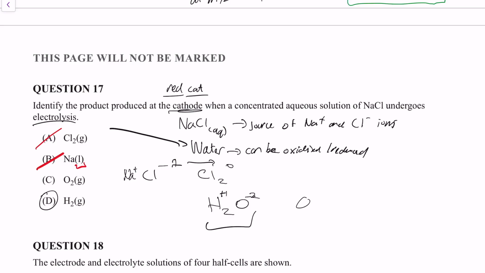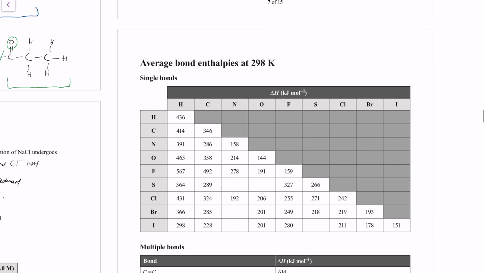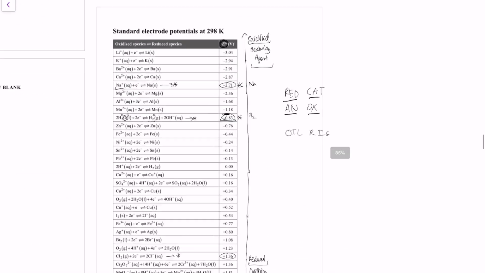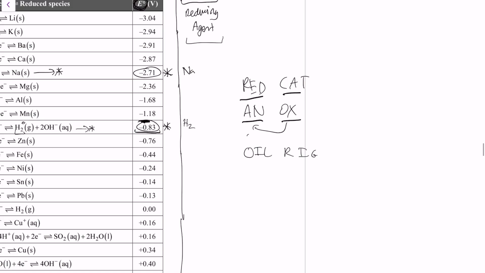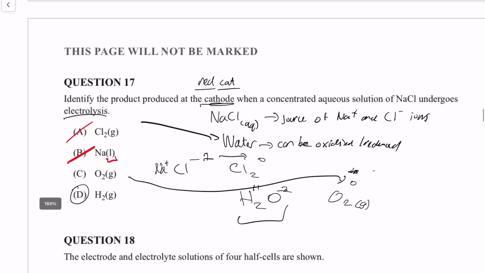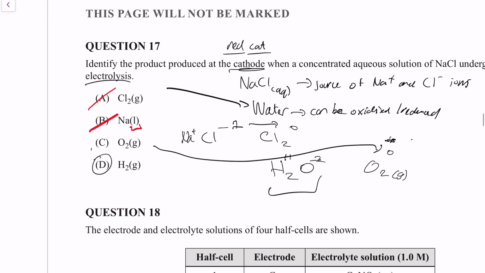But an O2 gas has an oxidation number of 0, so that gets oxidized, okay? And oxidation, we know from the mnemonic red cat and an ox, occurs at the anode. So it can't be that. Therefore the answer there is D.